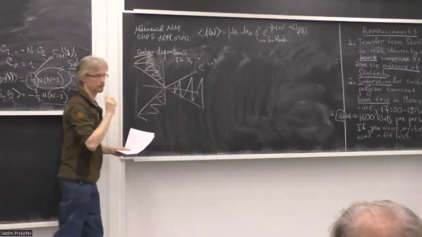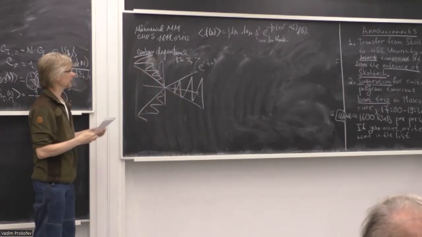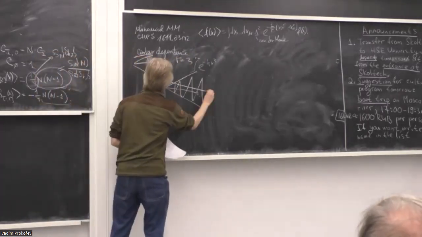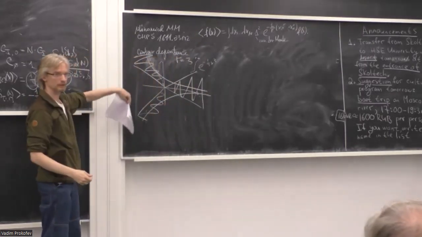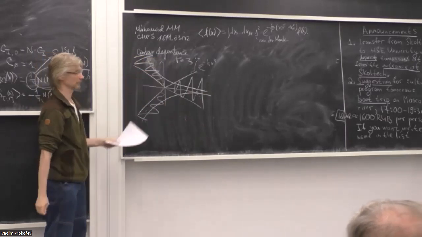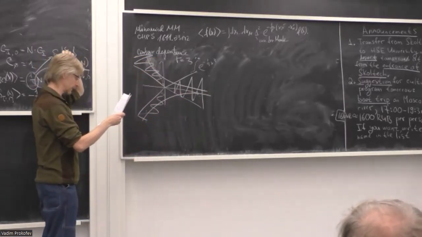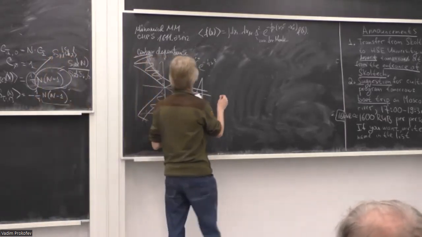So what one should do instead, and this is, if you will, a slight redefinition of the problem, is to consider contours that go from one convergent Stokes sector of this e to the minus x cubed to the other. In that paper we found that it is much more convenient to consider the following contours.